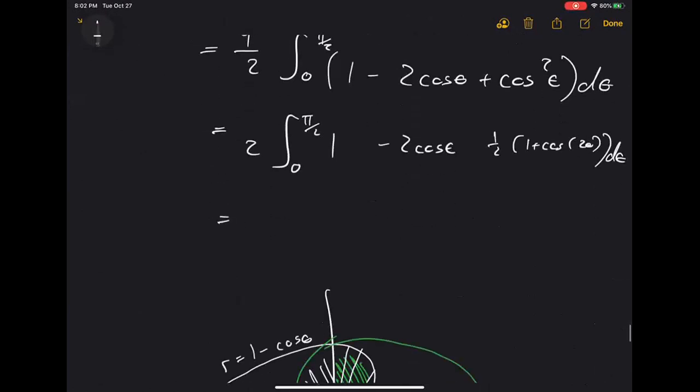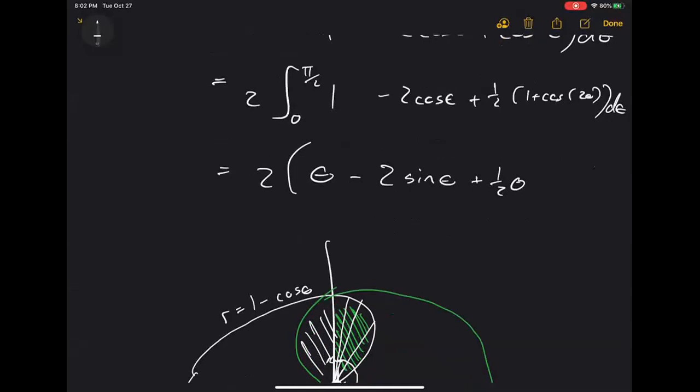Integrating, we get theta minus 2 sine theta plus 1/2 theta plus sine of 2 theta over 4, evaluated for my bounds.